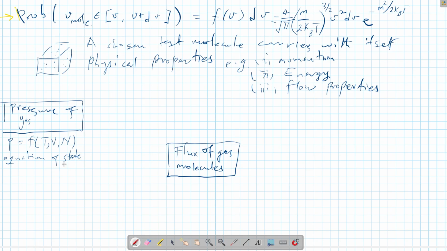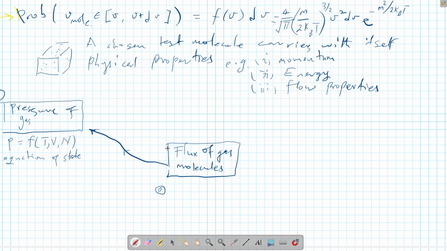This pressure is a classical quantity, and this is something that is going to be realistic, and one can do checks using experiments. So we're going to derive this using a theoretical approach. If our first step is called 0, once the flux of gas molecules is derived, one can also derive pressure. So we're going to move from here to here.